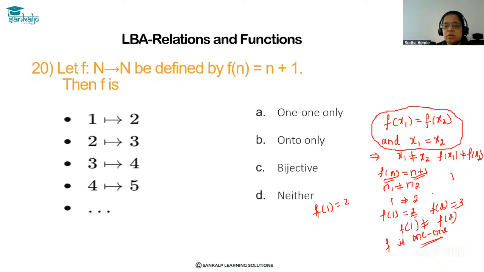Therefore, f is not onto. To disprove, if you take one element and show, that is enough. So, since 1 does not have any pre-image, it is not onto.